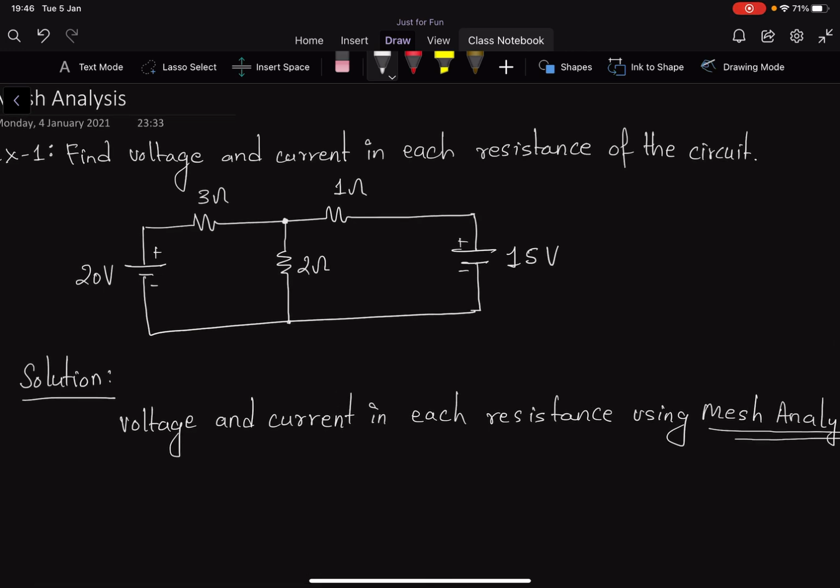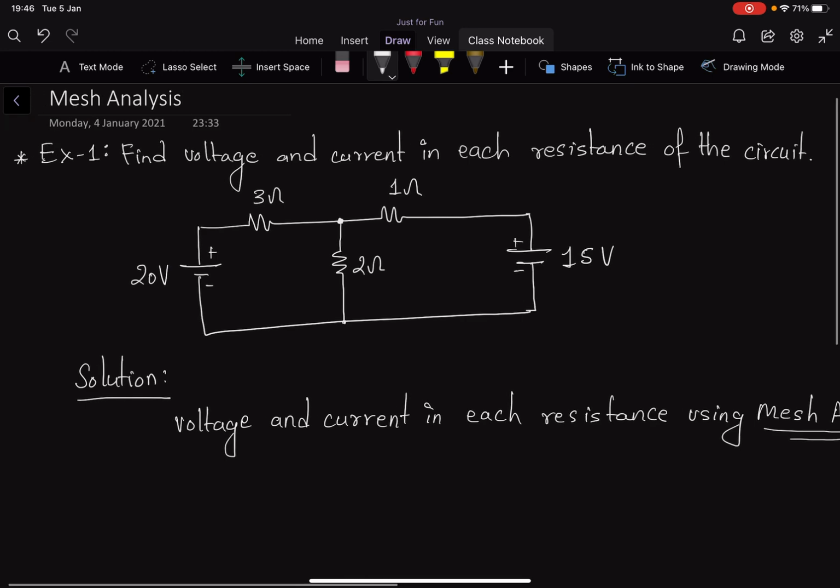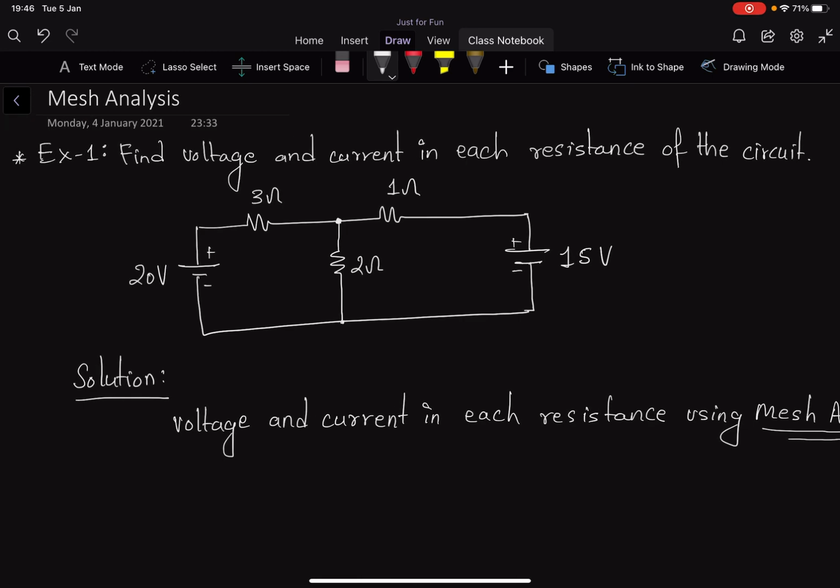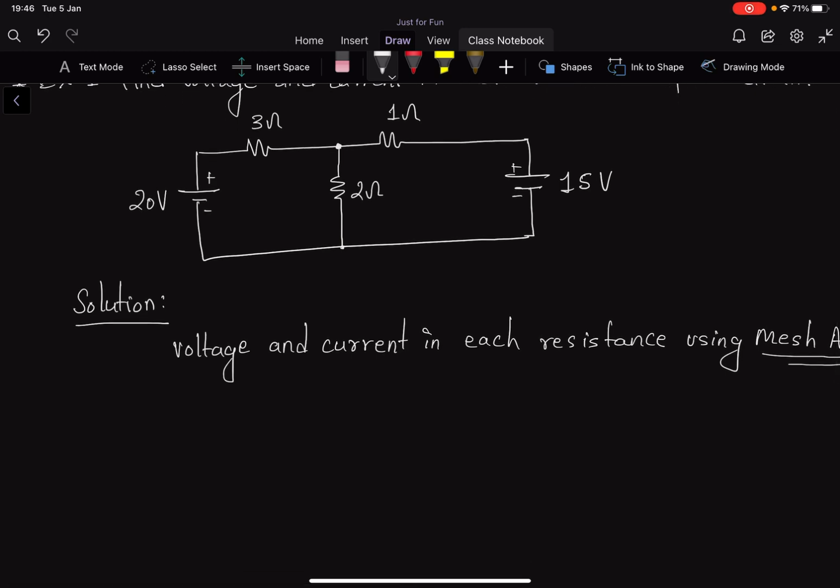Now, whenever you are solving any circuit using mesh analysis, there are certain steps you have to follow, and these are the steps. So I'm going to write it down.